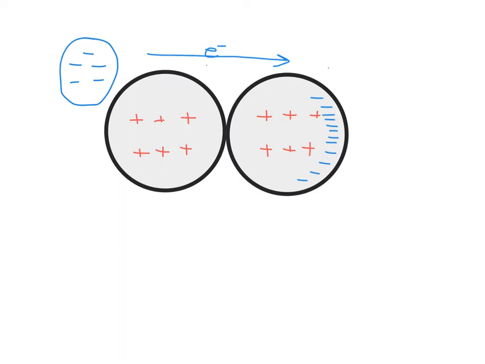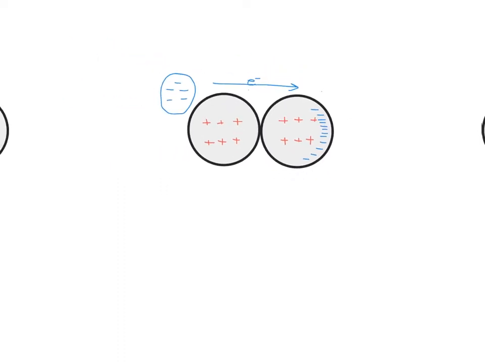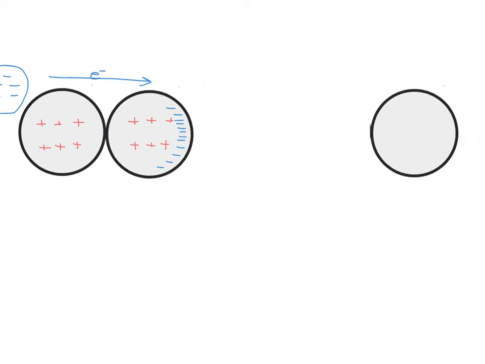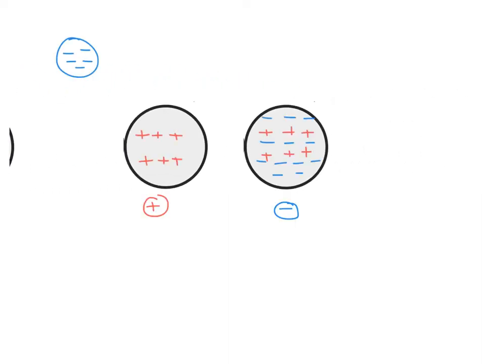But again, it's temporary, unless what I do is pull the objects apart. So if I pull my two neutral objects apart, and I remove my initial negative object, then I'm left with a positive object, a negative object, and my initial negative object. So all of the electrons from this object have jumped into this one.